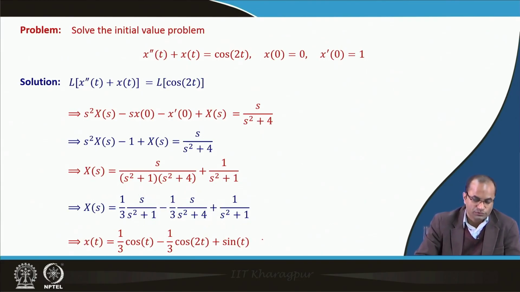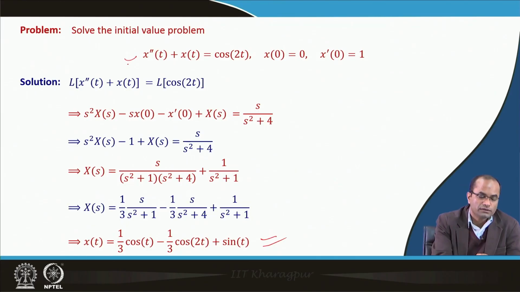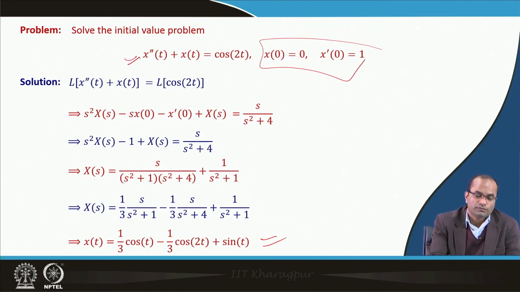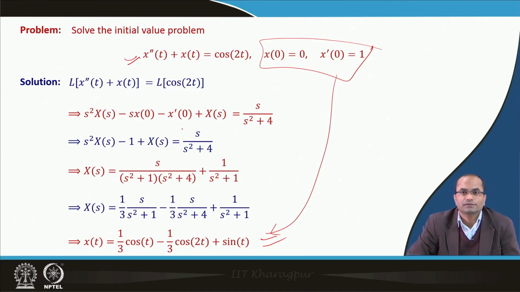So, this is the solution of the given differential equation, which also incorporates these initial conditions, because they are used in the process. So, the advantage of this Laplace transform is that directly after taking the Laplace transform, we can use the given initial conditions, and finally, we will get just the solution of the given problem.